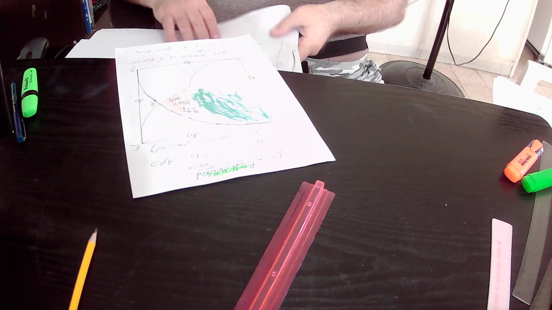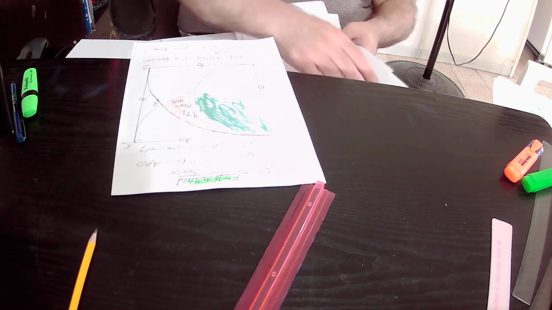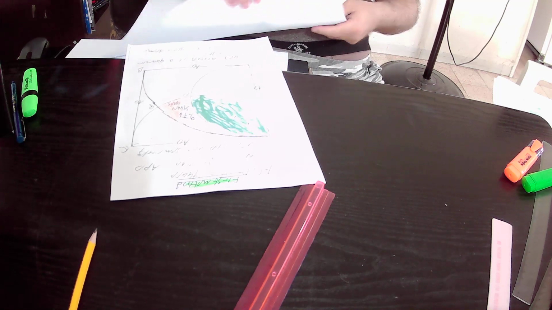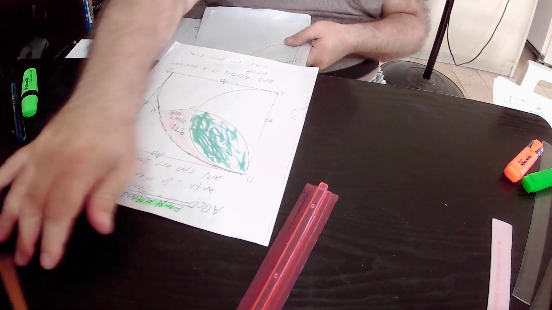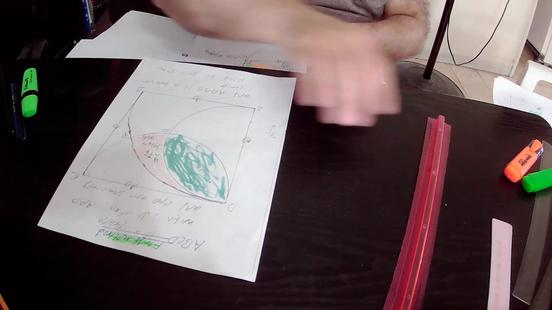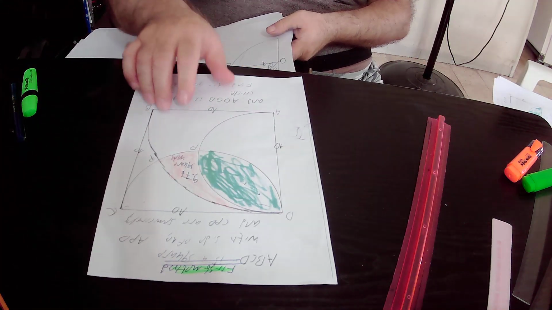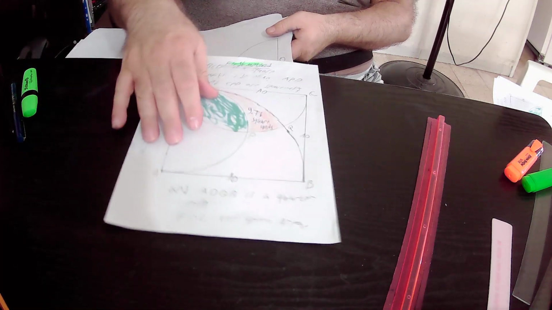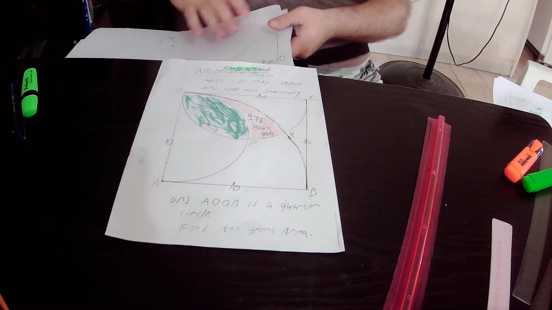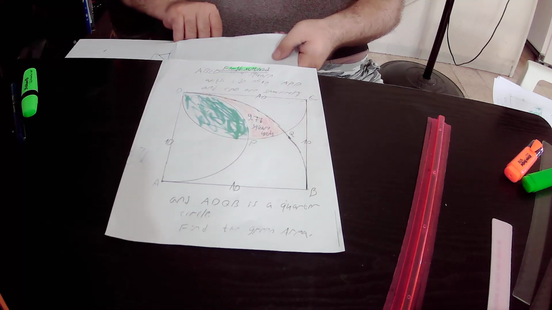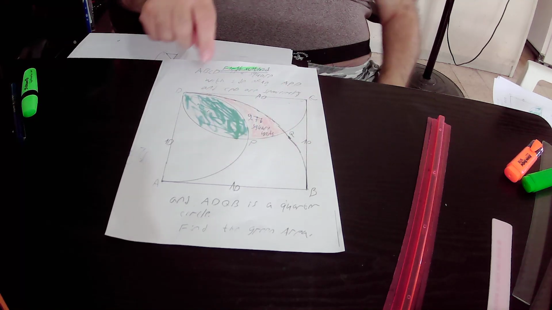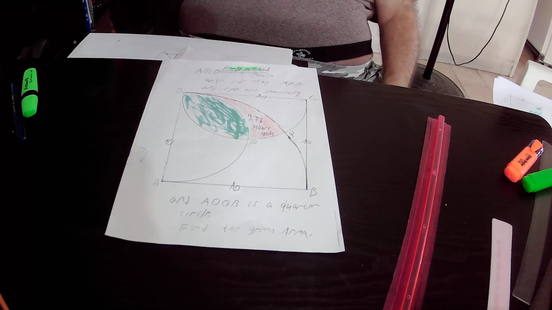Okay, so here in the drawing we have square ABCD. We know that each side of square ABCD equals 10 units.